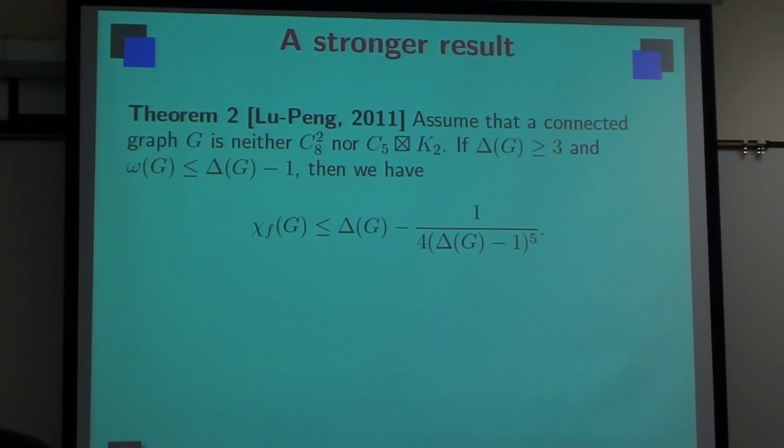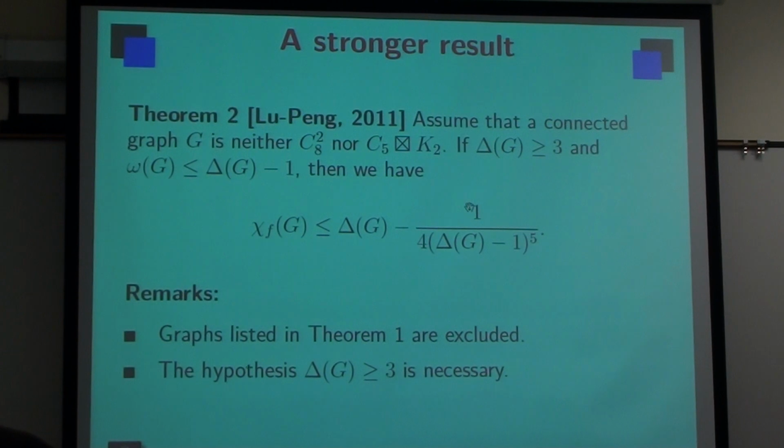In some sense, there is no graph with fractional chromatic number in the interval from delta of G minus this function up to delta of G. Somehow you have a gap there. We do need the maximum degree to be at least 3. Otherwise, if the maximum degree is 2, the graph is a union of paths and cycles, which is easier to figure out but not satisfactory.